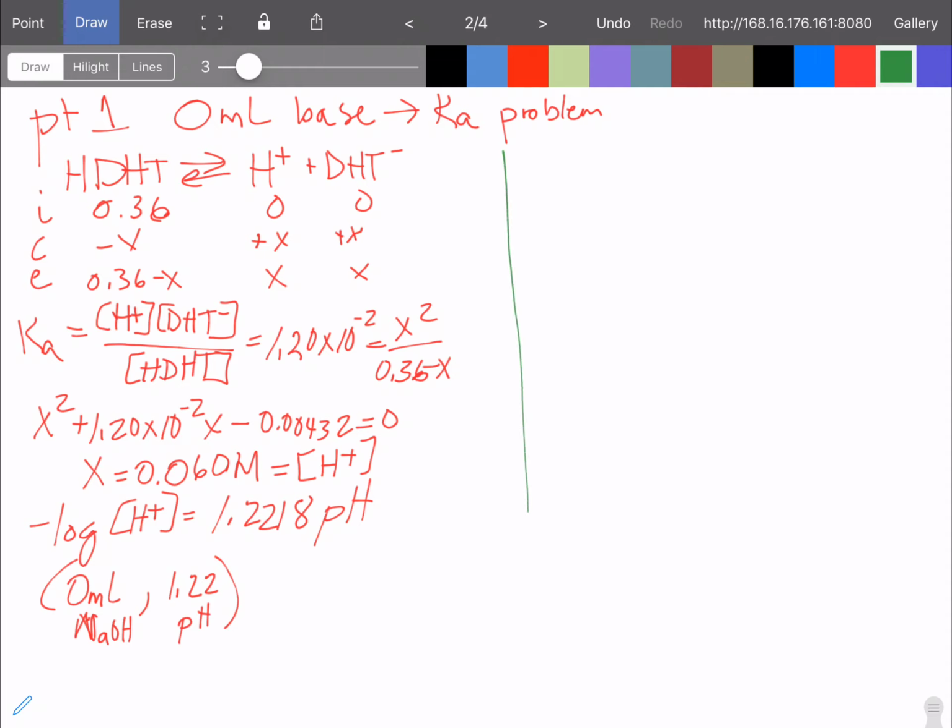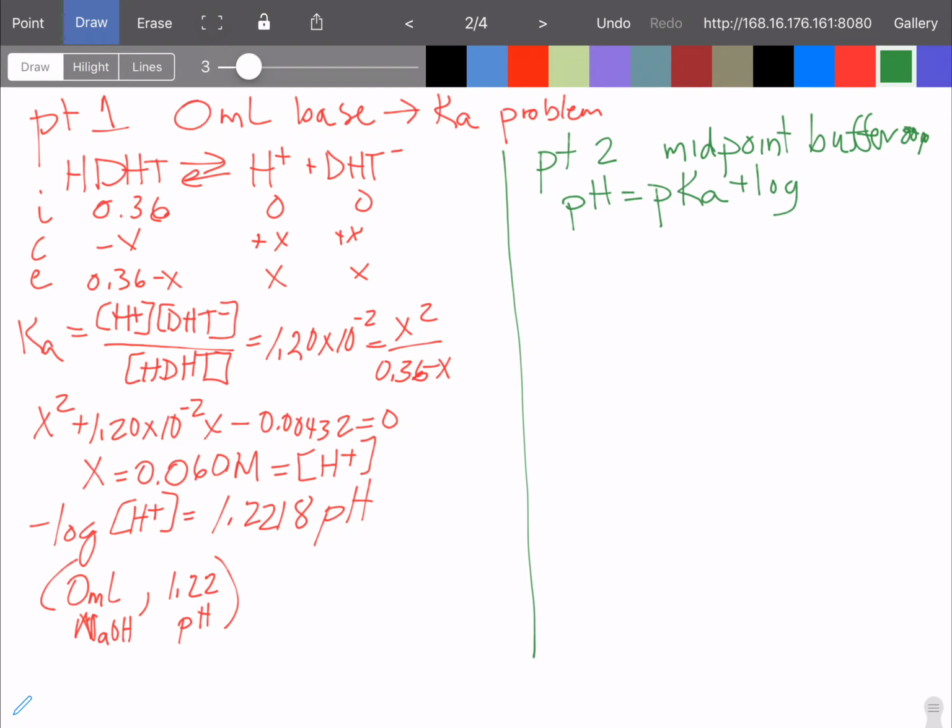All right, for point number 2, that's going to be the midpoint of the buffer zone. So using our Henderson-Hasselbalch equation, pH is equal to pKa plus the log of our base form, DHT minus, over HDHT.